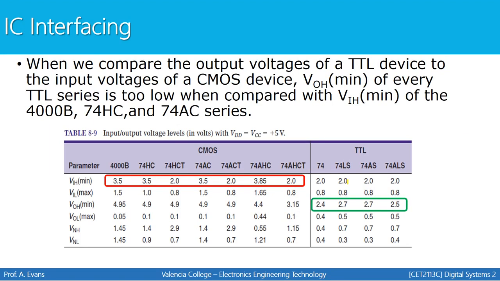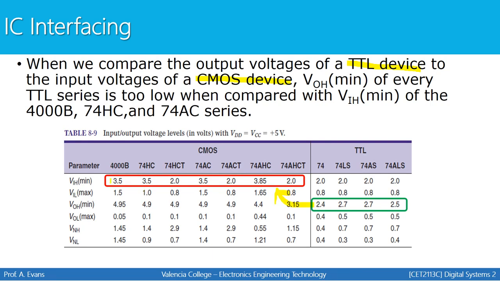First, we're going to compare the output voltages of a TTL device to the input voltages of a CMOS device. So imagine that the green box represents voltages from the driver. And in this case, the driver is outputting a high signal. The question is, are these highs high enough so that the load will interpret them as a high?